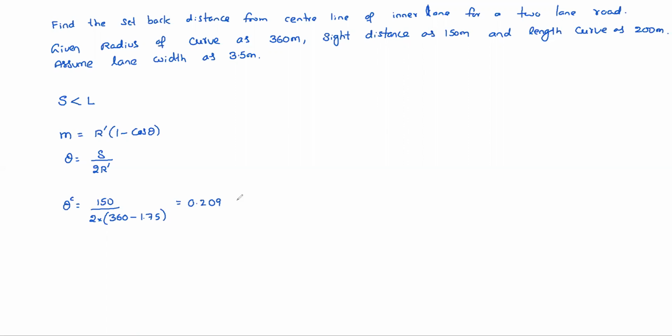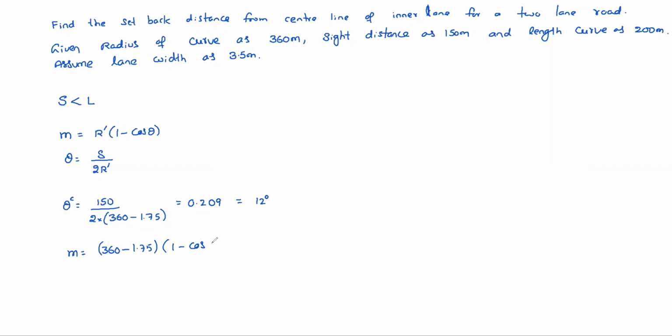Then if you want to convert it into degrees, multiply by 180 divided by pi. That is around 12 degrees, right? Around 12 degrees. Okay, now M equal to R'. R' is how much? 360 minus 1.75, into (1 minus cos theta).